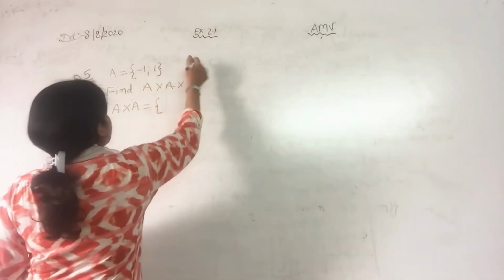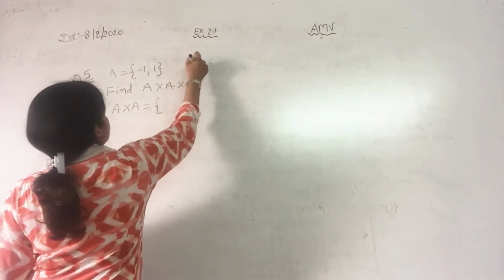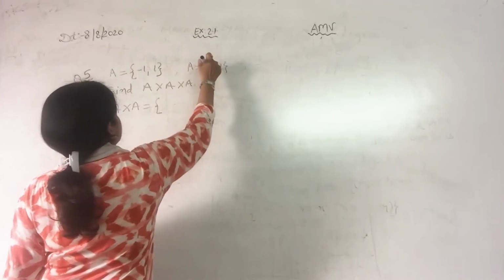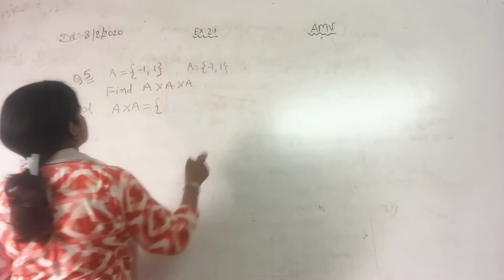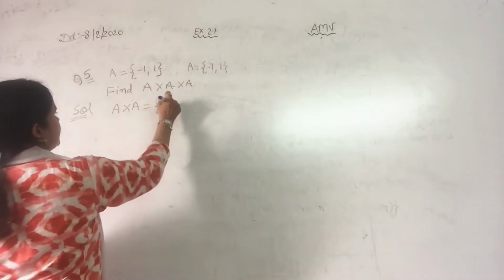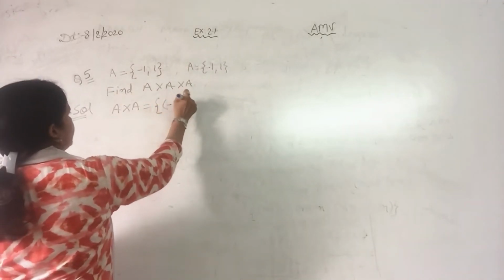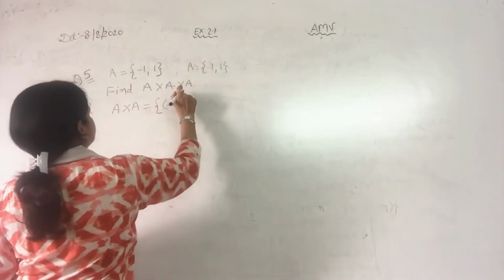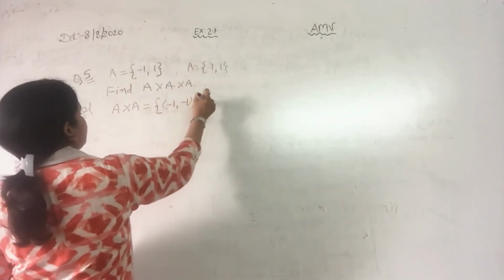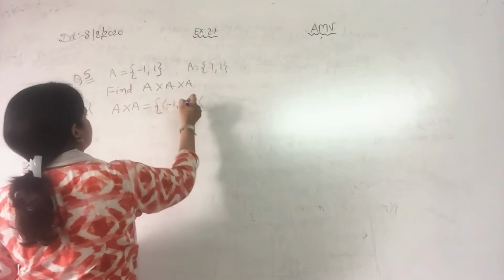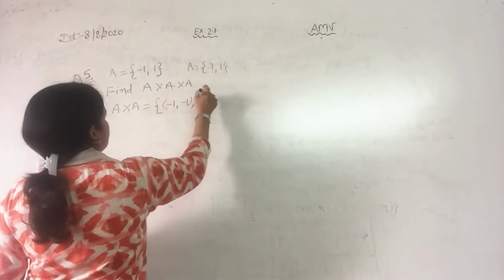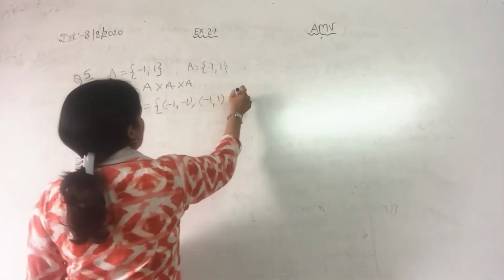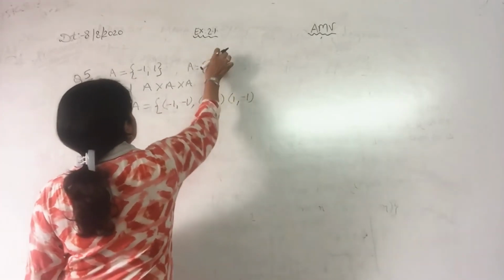So you can write one more time A. It is {-1, 1} only. So first pair (-1, -1). Here it is -1. Second (-1, 1). Third (1, -1).